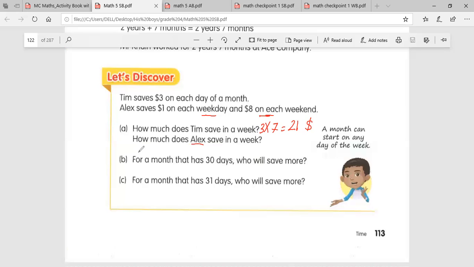So the weekdays are 5 because I have 7 days and I take 2. 5 multiplied by 1, because each time he saved $1 for 5 days, and on the weekend we have 2 days, 2 multiplied by 8. 5 multiplied by 1 we get 5, plus 2 multiplied by 8 is 16. 5 plus 16, how many? It will be 21.